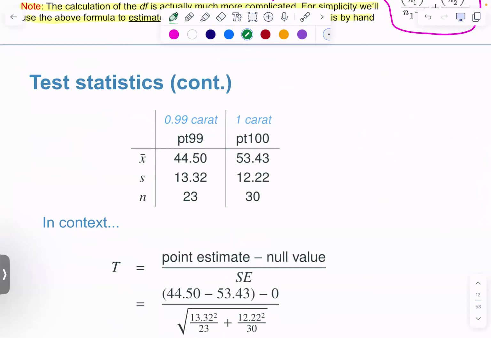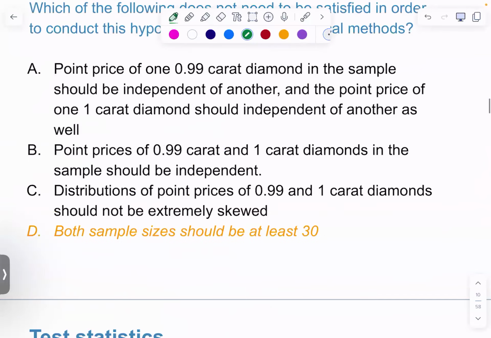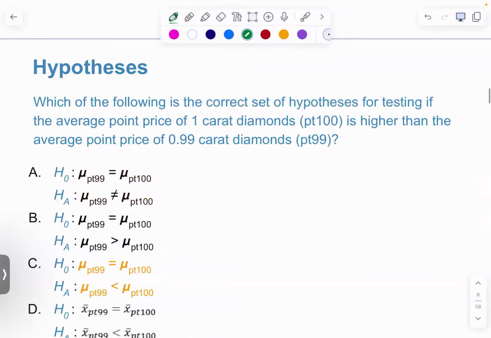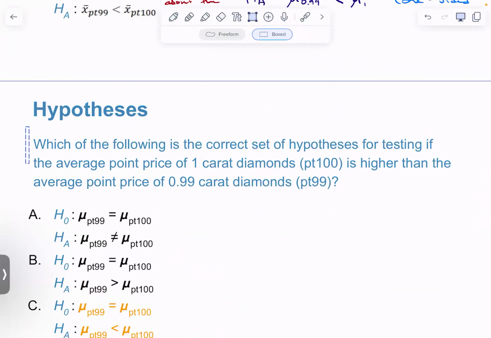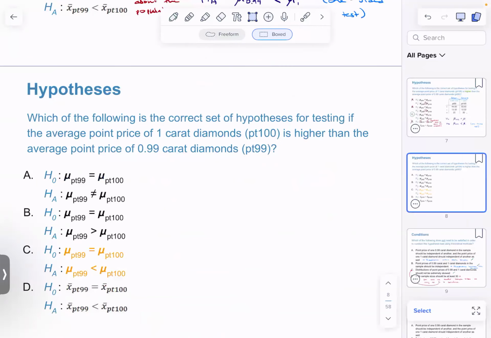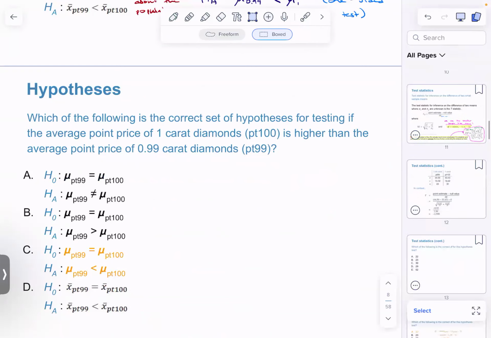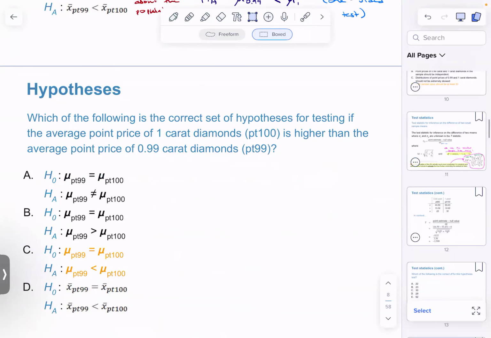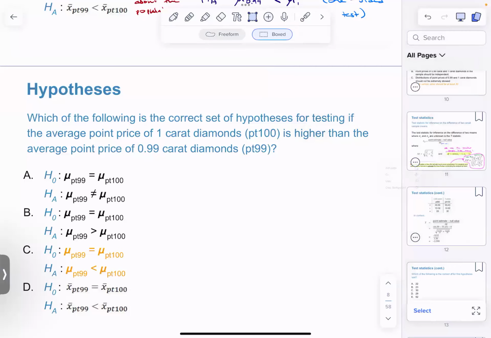Now, I think we're ready to actually do, let's answer this question. Time to go rogue. Where should I put it? Maybe here. No, here.